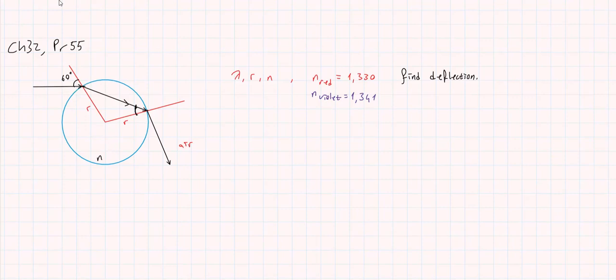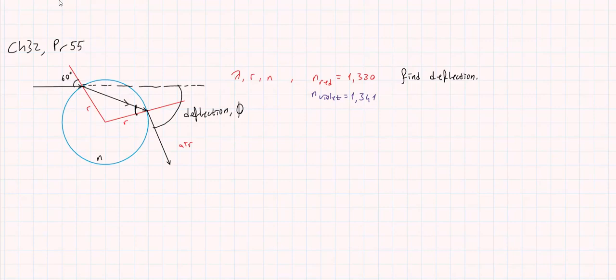It refracts and it propagates inside the raindrop, and it comes out to the air and it refracts again. So all these refractions, if I draw the extension of the first incident ray, all these refractions cause a deflection, right? So this total angle change will give me the deflection.